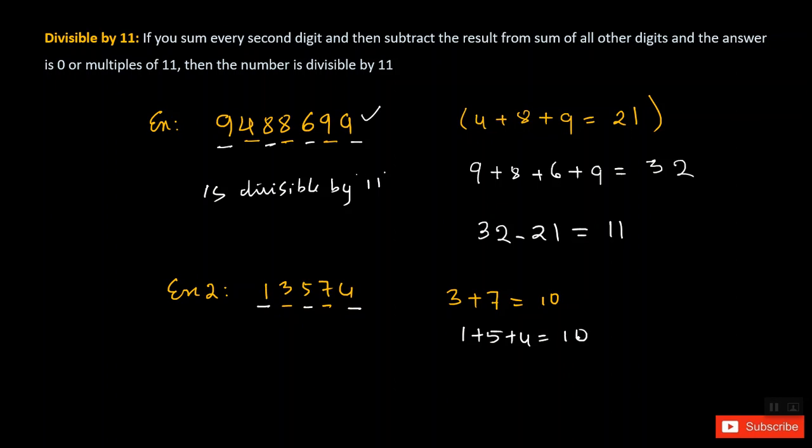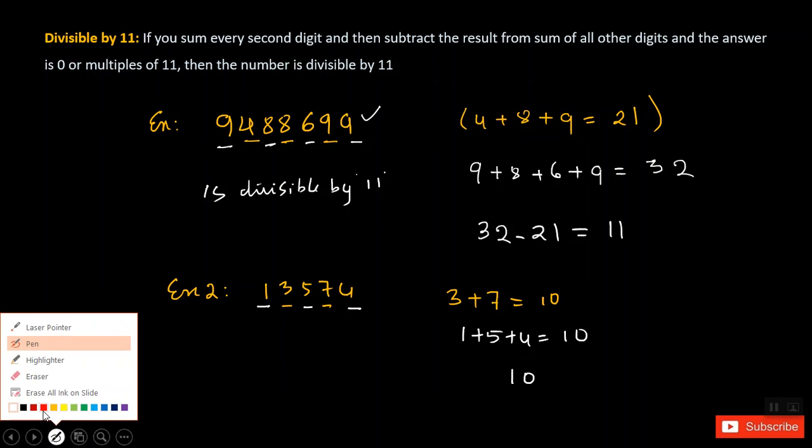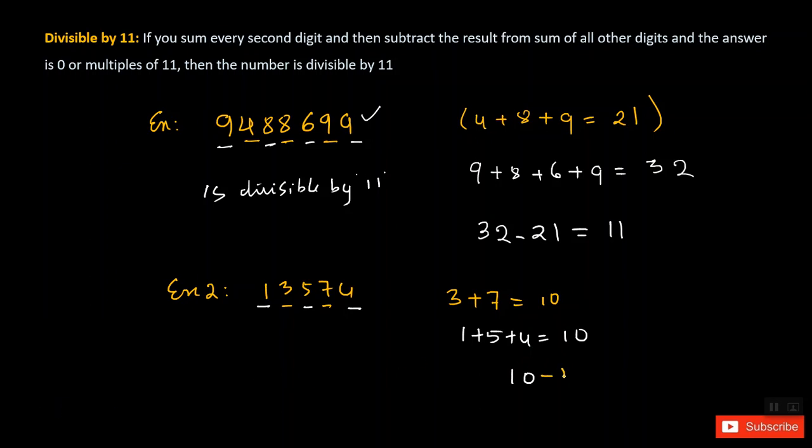Again the result is 10. If you take the difference, 10 minus 10, your result is 0, and 0 is a multiple of 11. Any number is a multiple of 0, so we can say that 13574 is divisible by 11. This is how you check whether a number is divisible by 11.